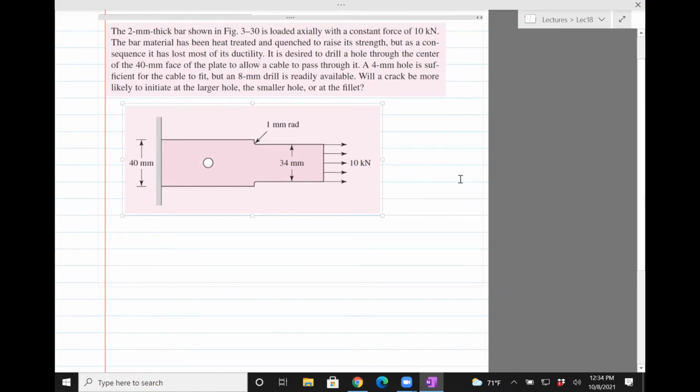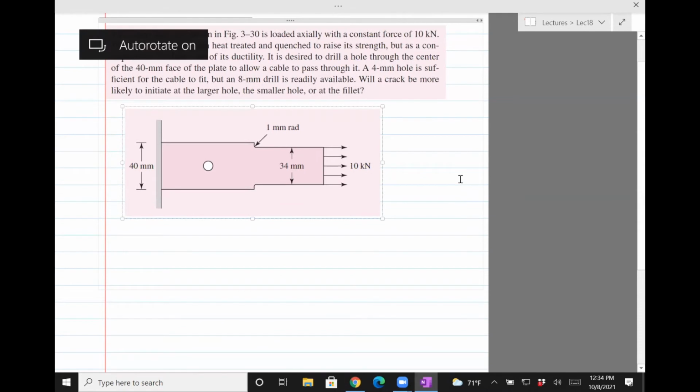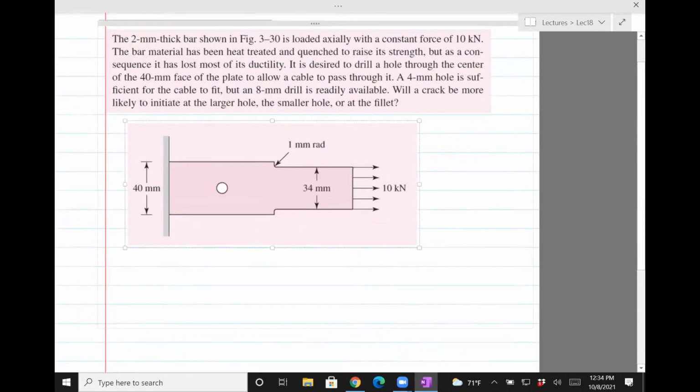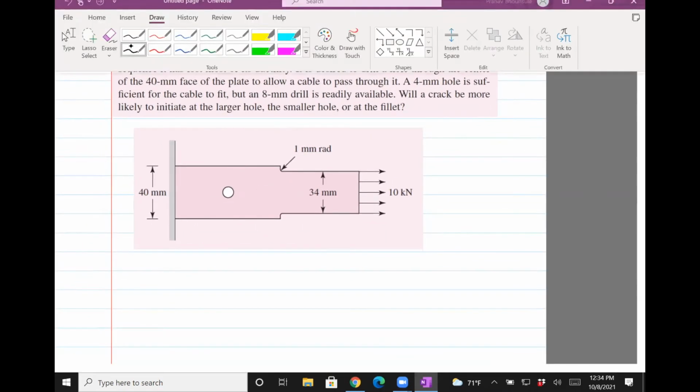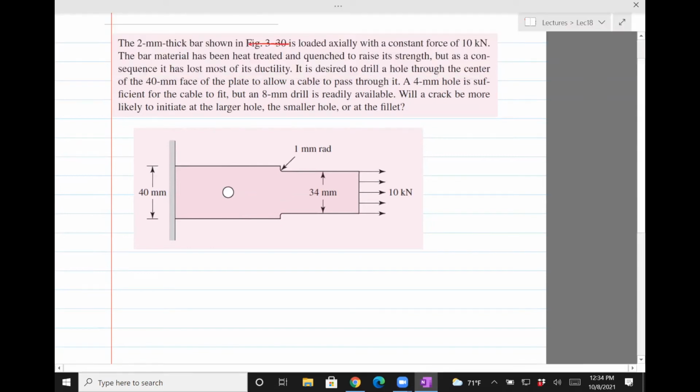Okay, so this is taken straight from the textbook. A 2 millimeter thick bar, which means that this dimension is in the plane of the paper. The thickness is 2 mm.